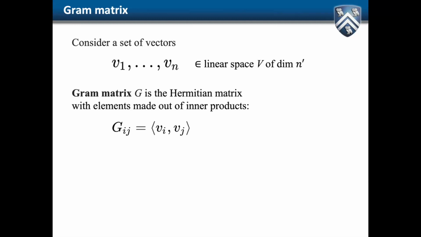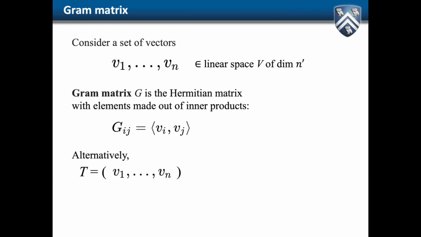The Gram matrix is a square matrix whose elements are just the inner products of the vectors. Another way to view the Gram matrix is the following: we construct these vectors as column vectors.